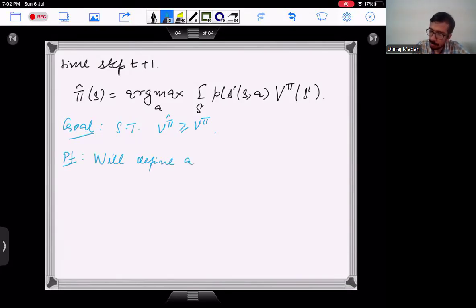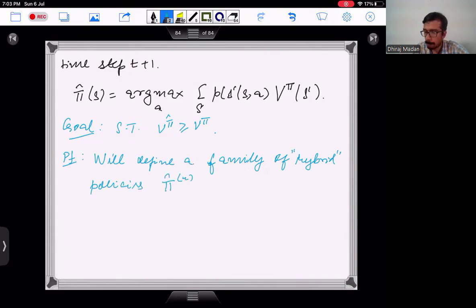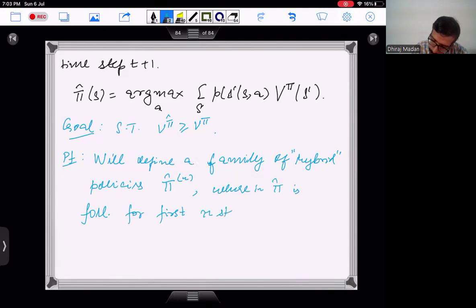In general, we'll define a family of hybrid policies, which we are going to denote by pi hat n, wherein pi hat is followed for the first n steps, after which the policy pi is followed.